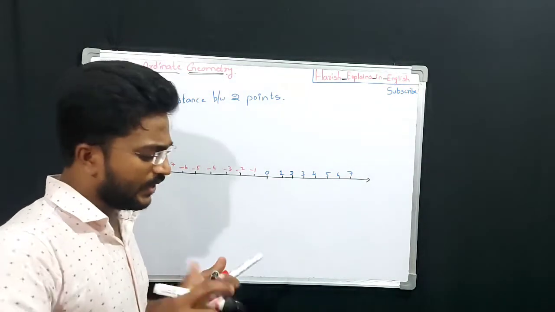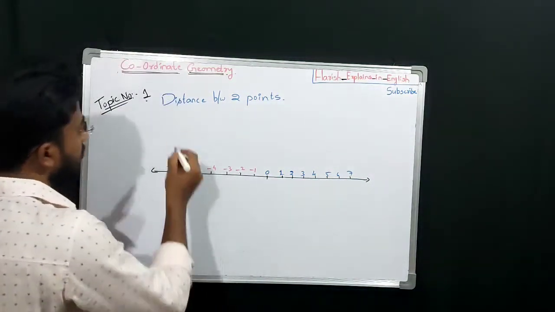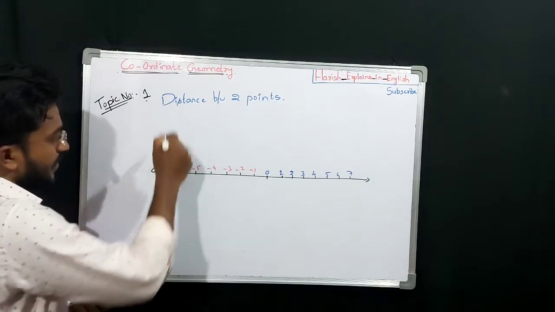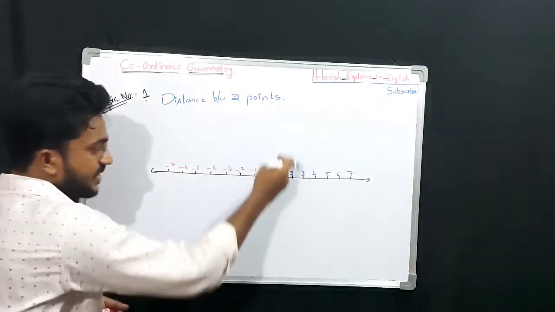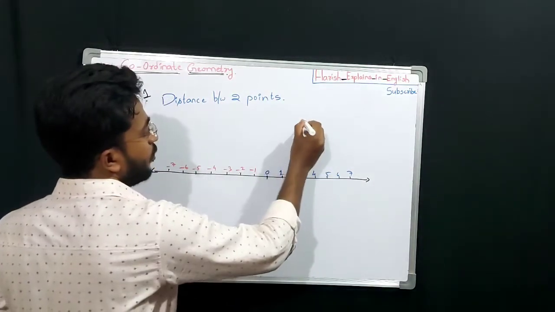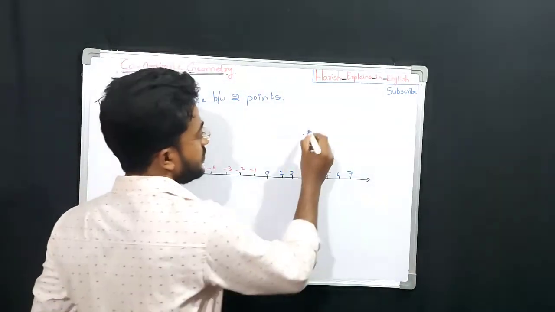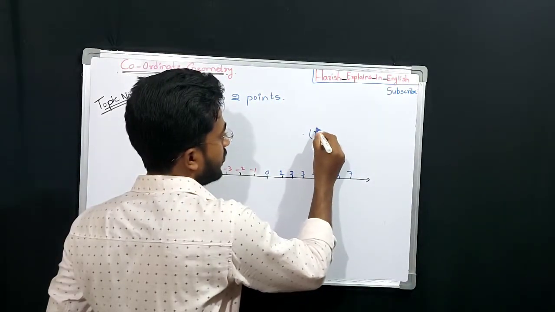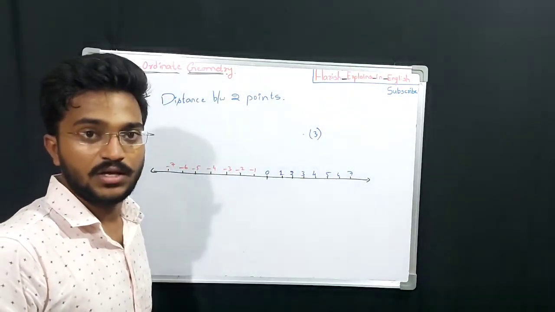Whereas to indicate a point, for example, imagine there are lines. This line indicates -3, this line indicates 1. If I keep a point on this line, this point is on 3.